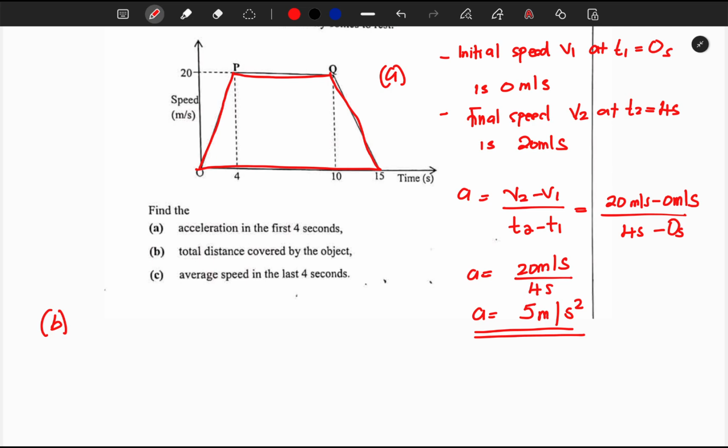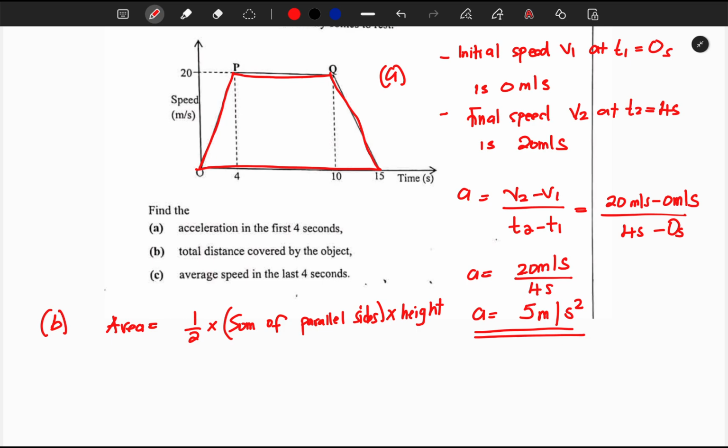We are forming a trapezium, and the area under the graph of the trapezium is equal to half multiplied by the sum of parallel sides, then multiplied by the height.